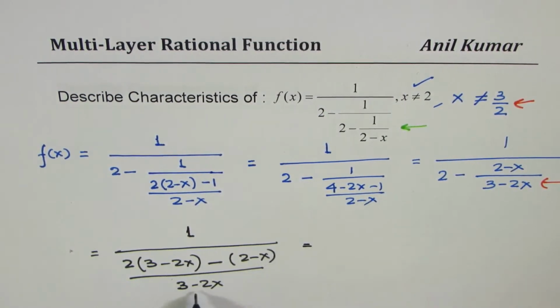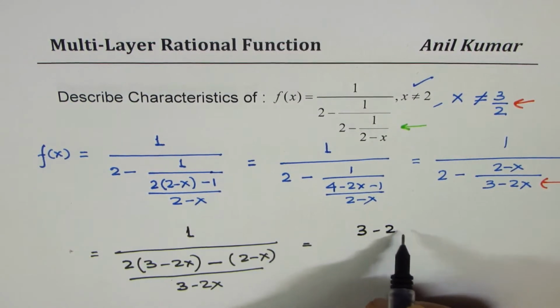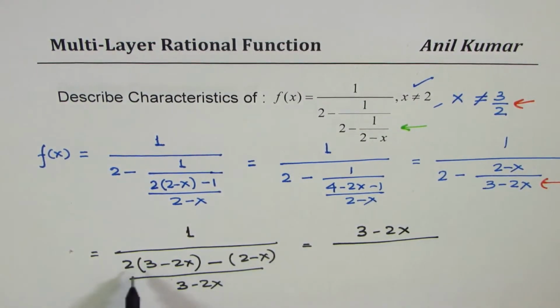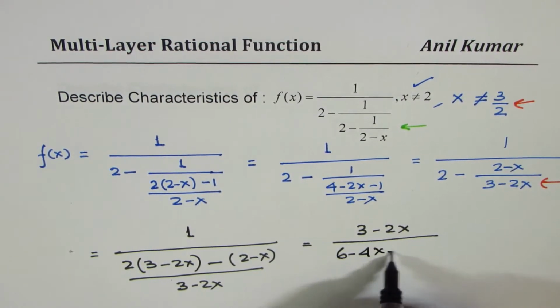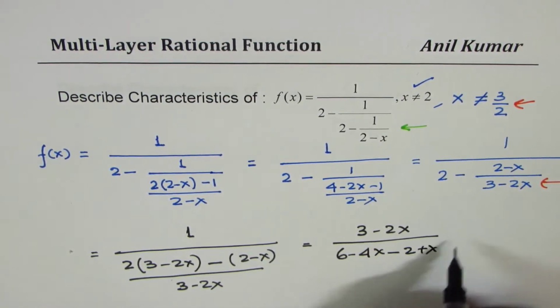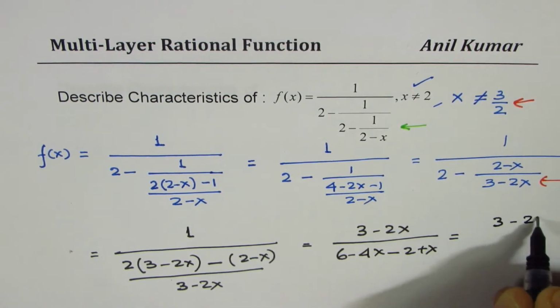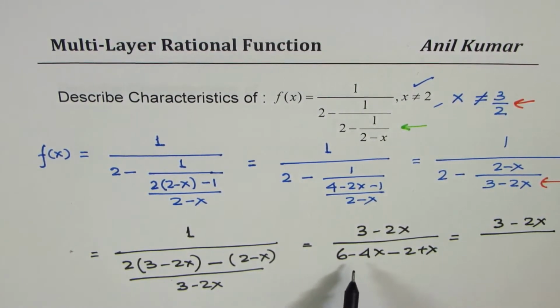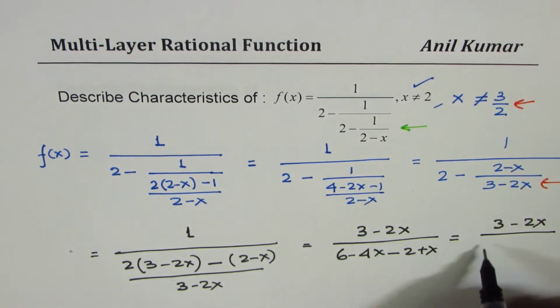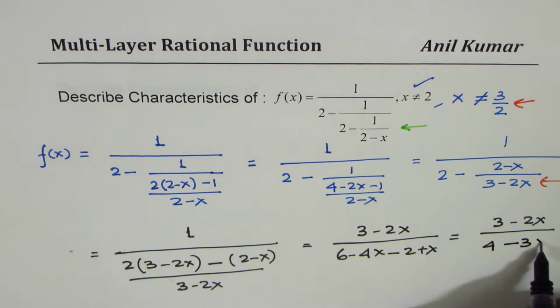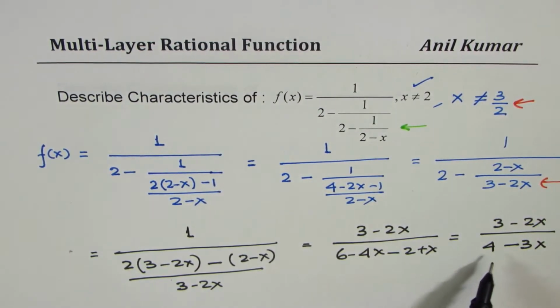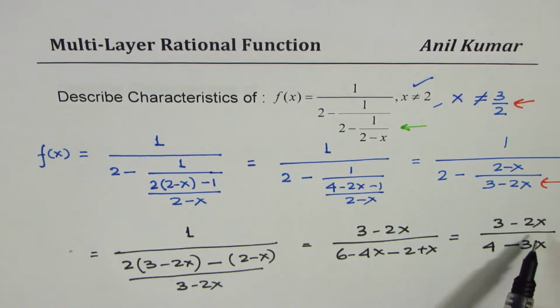So clearly I can take it in the numerator, write this as 3 minus 2x over, let's simplify this portion, 3 times 2 is 6 minus 4x minus 2 plus x, or 3 minus 2x divided by 6 minus 2 is 4, and minus 4x plus x is minus 3x. So now we get a rational function which is very familiar to you, right? 3 minus 2x divided by 4 minus 3x.